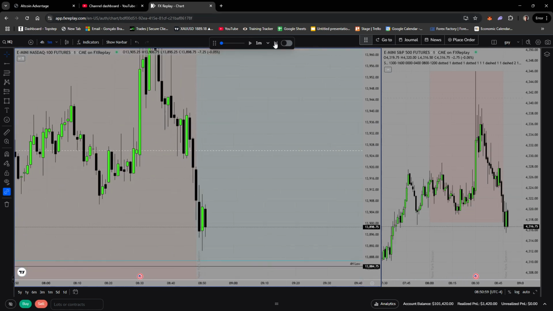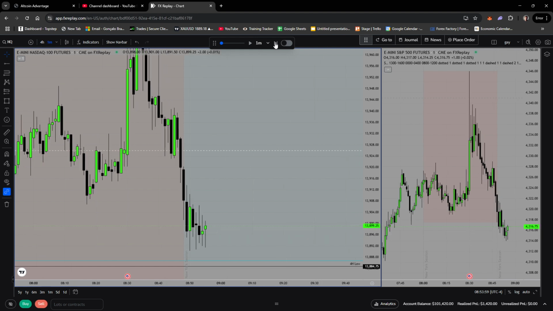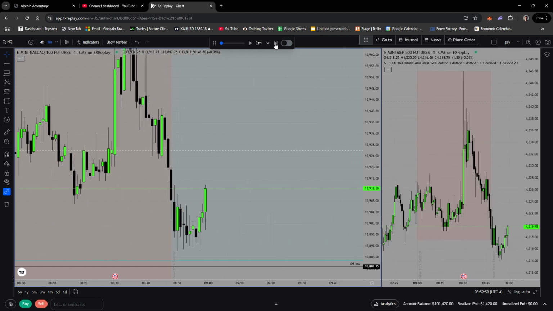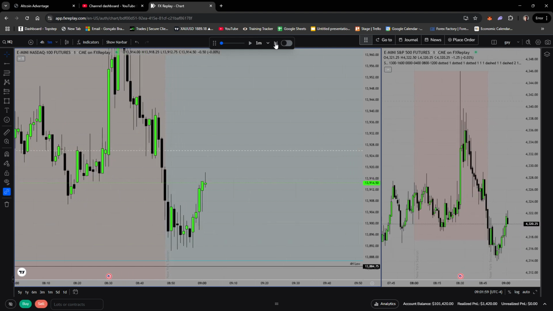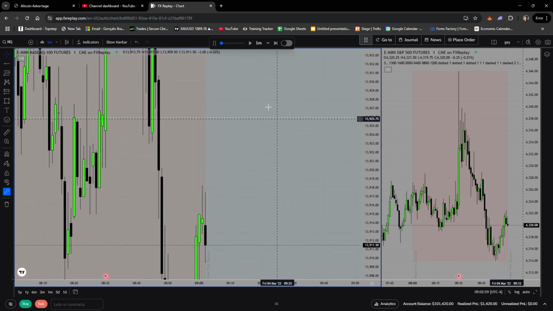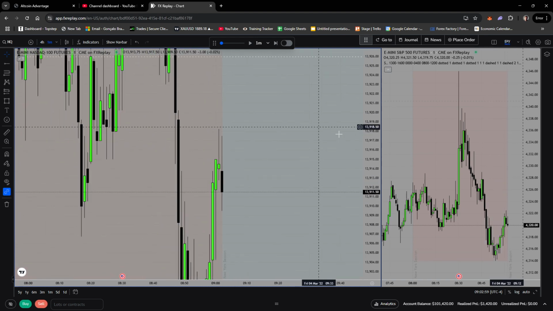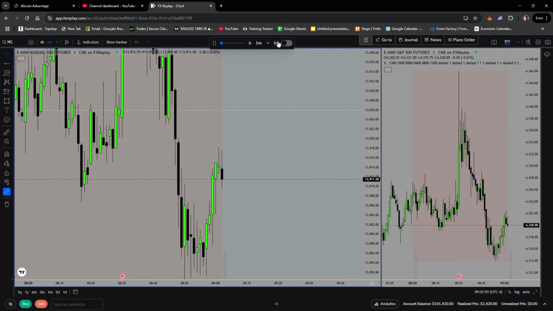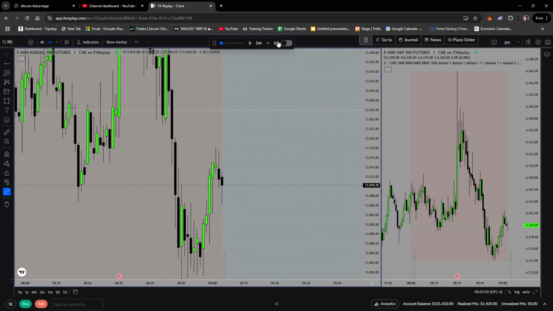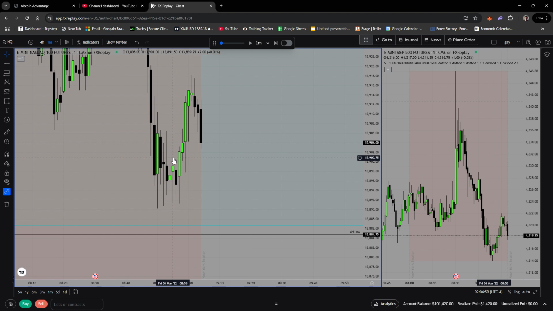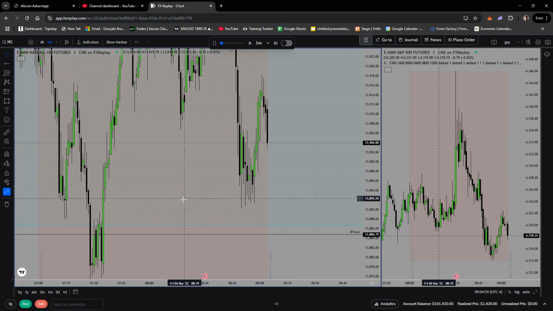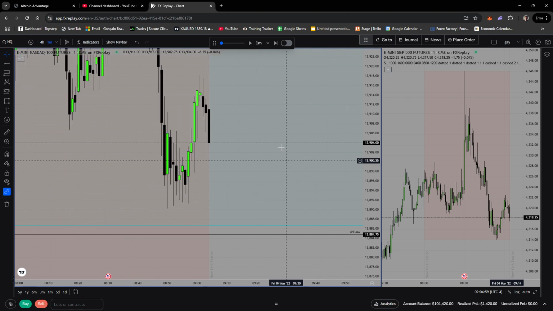I see nothing I'm interested in. This gap did not get respected. Yes, we broke above a short-term high here, but this would never convince me, to be honest.